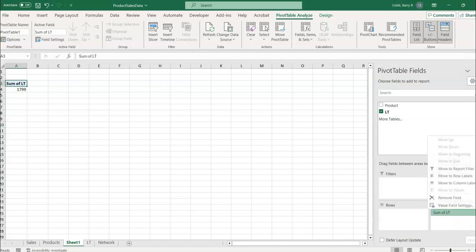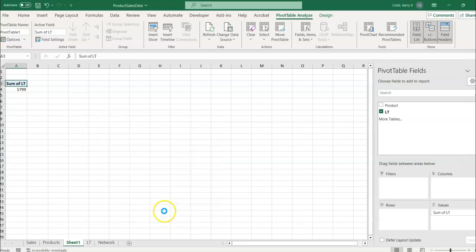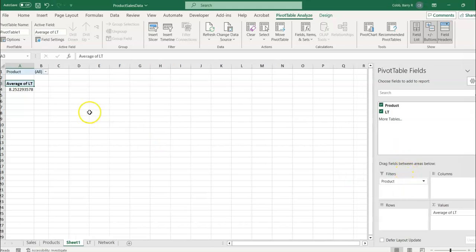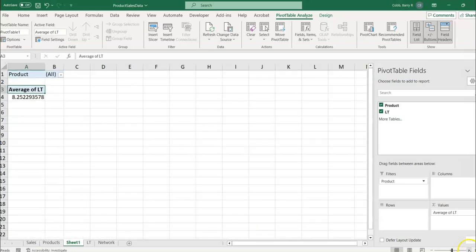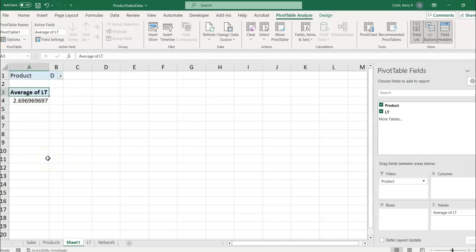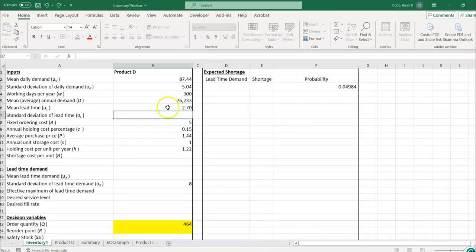What we'd be interested in, if we go to value field settings, is the average of lead time. Then we'll put a filter here on product, and because right now we're dealing with product D, we'll go ahead and filter on product D. And so we can see there's our average lead time, and it's about 2.7. We'll just round that to 2.7 and enter it over here.